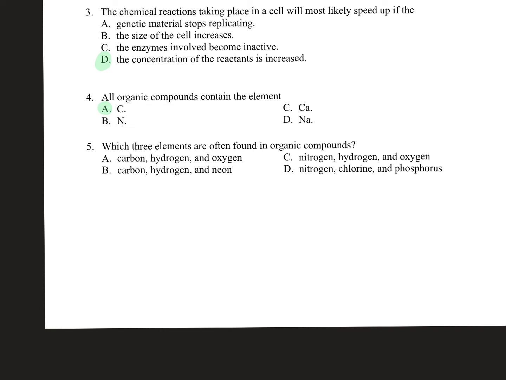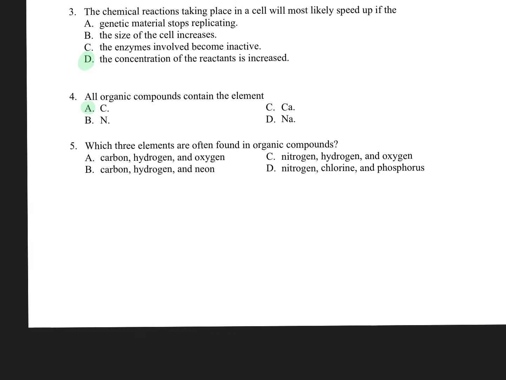Which of the elements are often found in organic compounds? Often found. The best answer: carbon, hydrogen, oxygen. Again, all these questions have to do with basic understanding of what the molecules are made of.